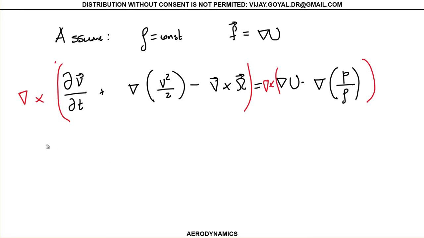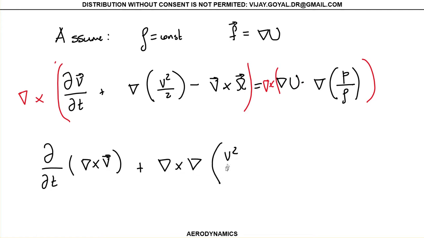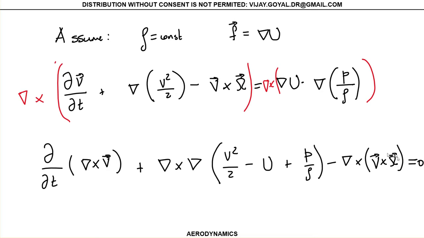If I did that, the first expression becomes the partial with respect to time of the gradient cross the curl of v, plus the gradient of v squared over 2 minus u plus p over rho, minus the gradient cross the velocity cross this, all equal to velocity cross the vorticity.